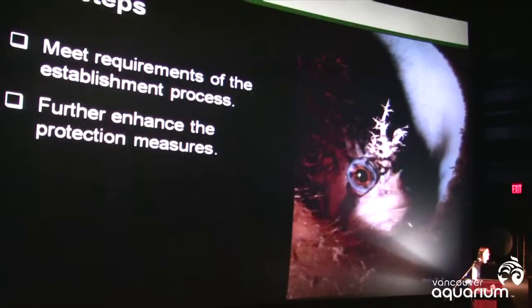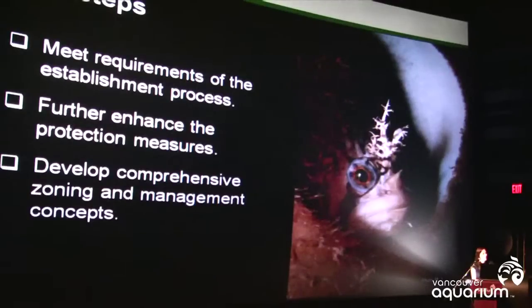Following establishment, the Government of Canada will work together with the Council of the Haida Nation to further enhance protection measures. And we will do this based on new and improved data, peer review, and the results of further consultations. And ultimately, we're going to develop a comprehensive zoning and management concept that reflects the shared vision, goals, and objectives of the National Marine Conservation Area Reserve and Haida Heritage Site.